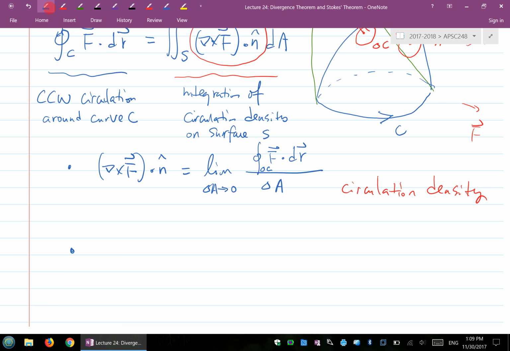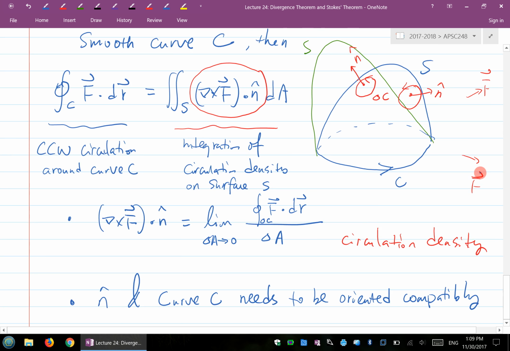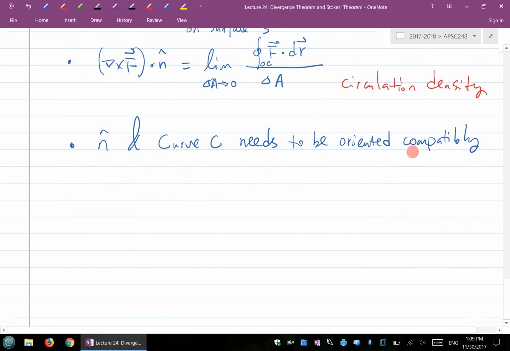I'm going to write down a few things here. Another important thing is that this n hat and this curve C need to be oriented compatibly. What compatible means, I'll explain: you need to pick your n hat appropriately such that its direction is compatible with the direction of C. You need to use the right hand rule for this compatibility.